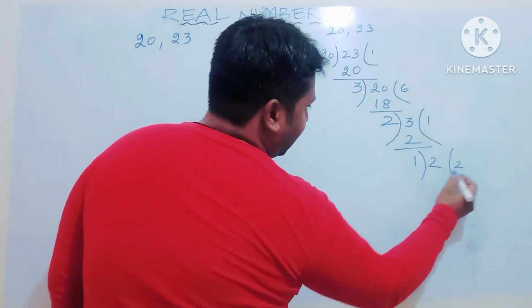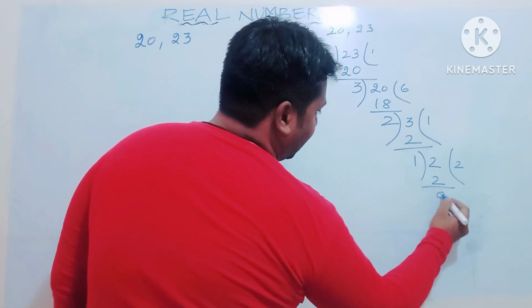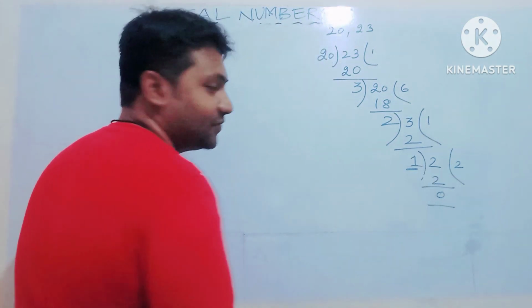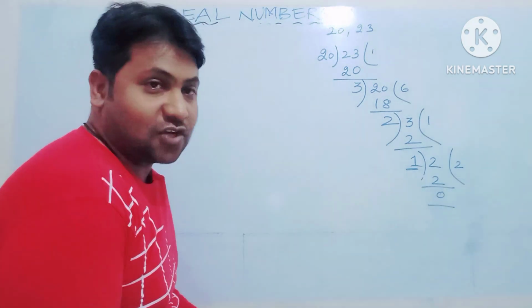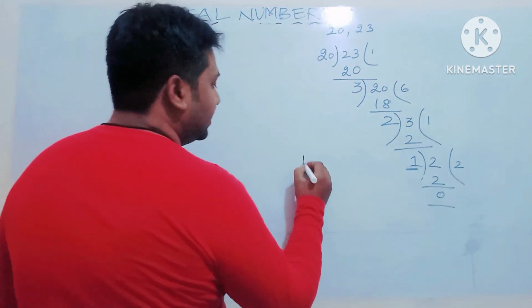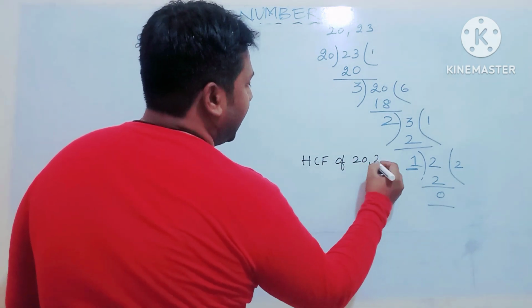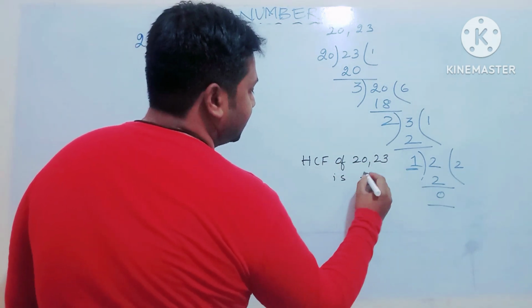So 1 2s are 2 and the answer is 0, and our HCF is 1. What is our HCF? It is 1. The HCF of 20 and 23 is 1.